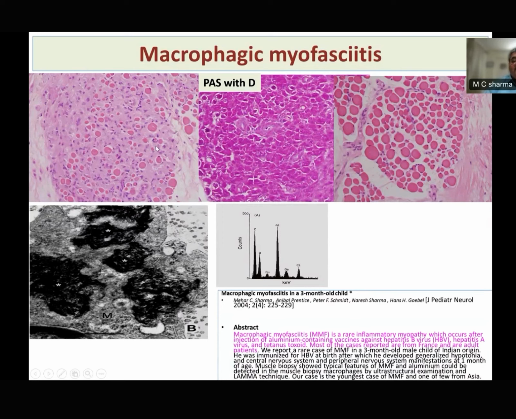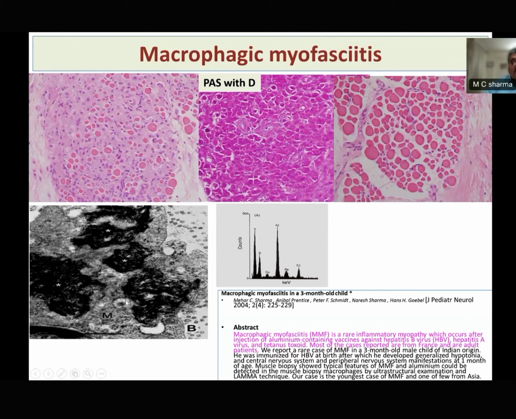They all were given tetanus toxoid, and after that people found that there was muscle weakness when they came back, and muscle biopsies were done, and there are a lot of macrophages which are positive for PAS and diastase resistant.